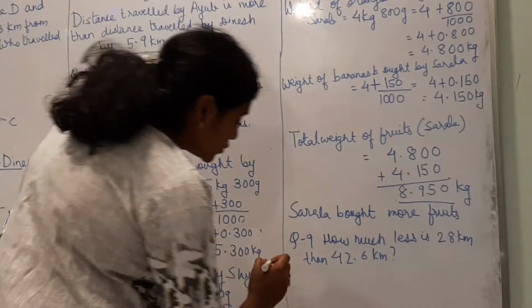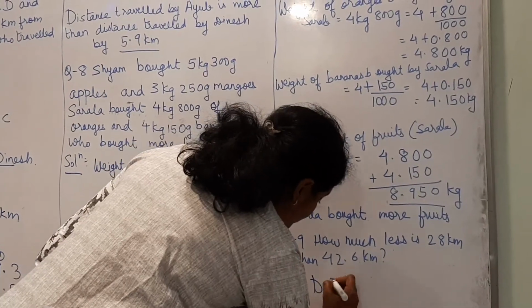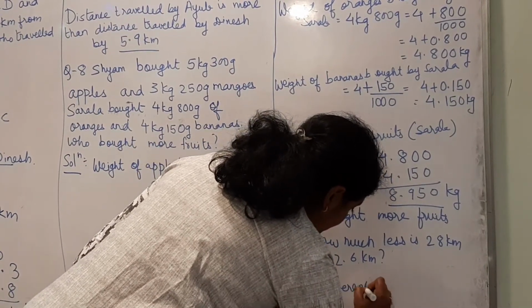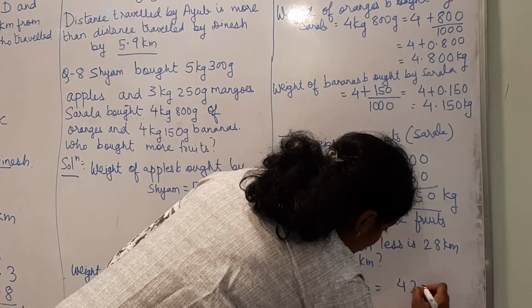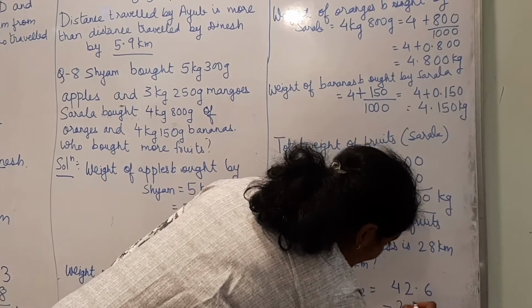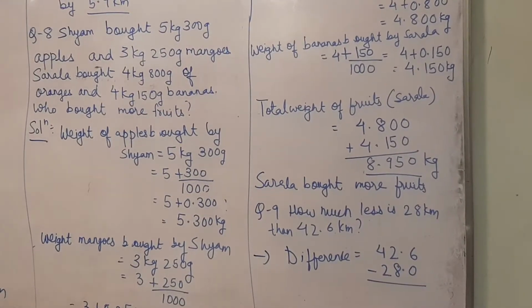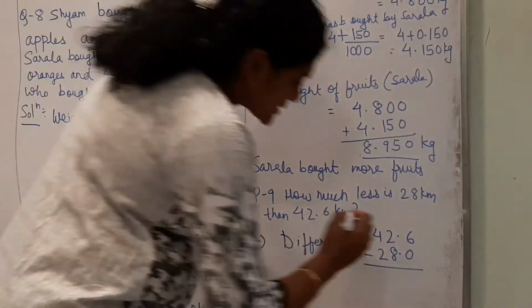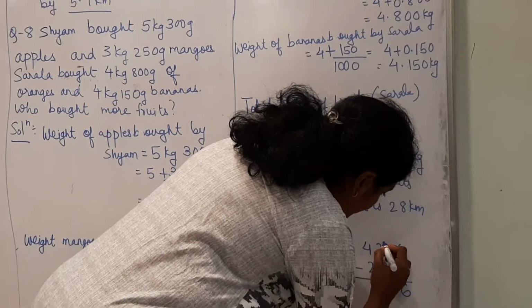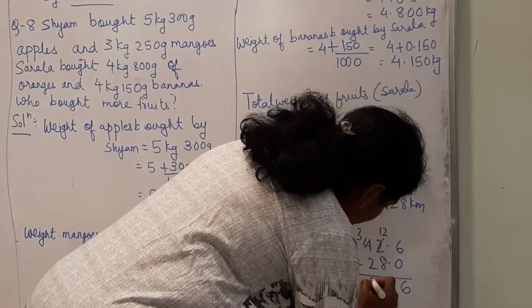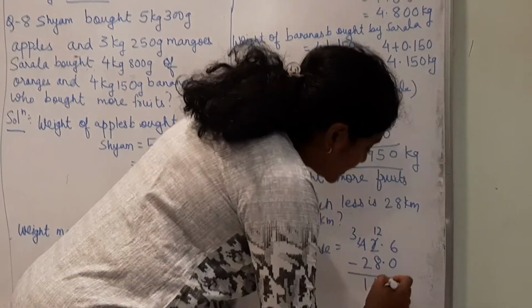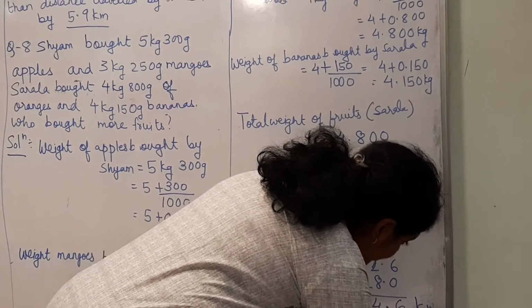So you will do, right, difference is equal to 42.6 minus 28.0. So you will get 6 minus 0 is 6. So this is 14.6 kilometer.